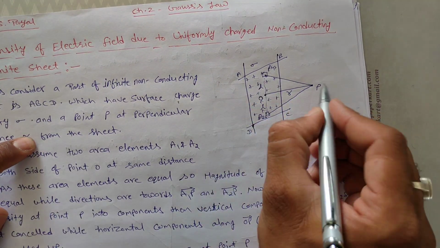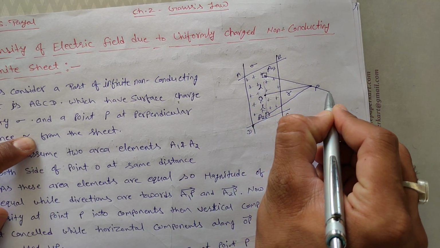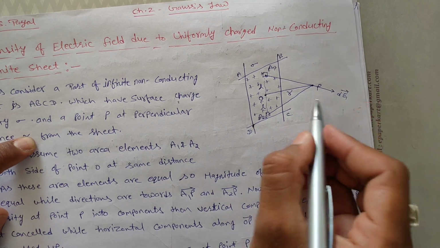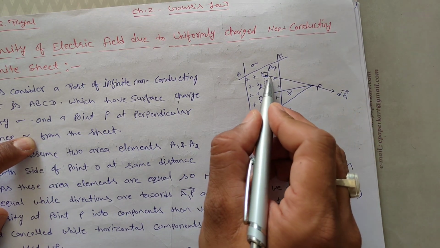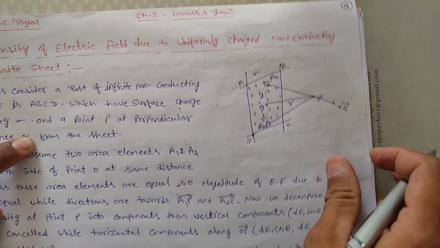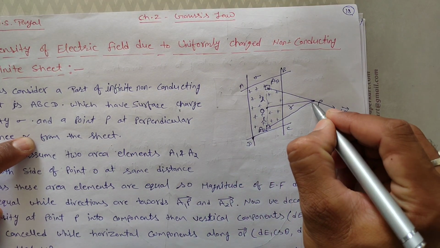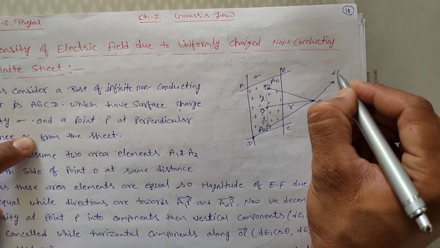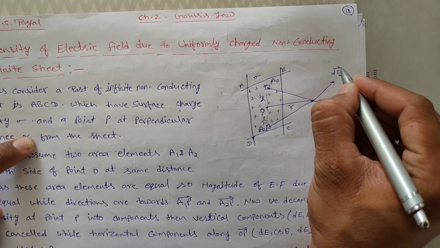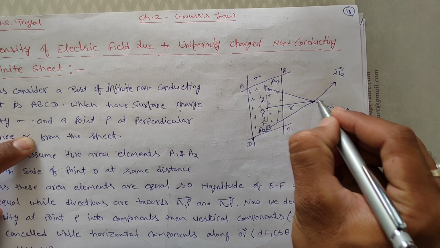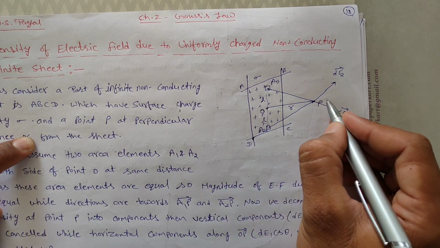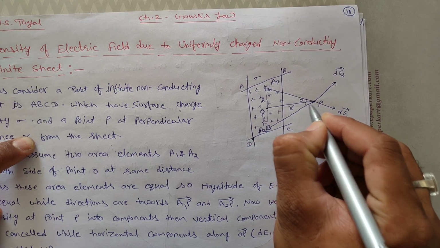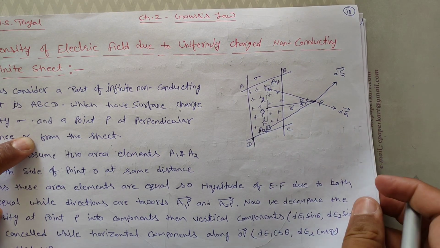For this element, the electric field intensity is DE1, directed towards the A1P vector. And for this element, the electric field intensity is represented by the DE2 vector, directed towards the A2P vector. Suppose this angle is theta.